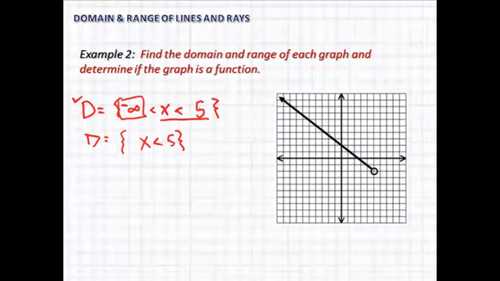Now let's look at range. Okay, so we're looking at range now. And remember, for range, we'll put our set brackets, put a y in the middle, alright? And our inequalities less than. And now we're gonna put our boundaries, or we're gonna frame starting at the bottom.